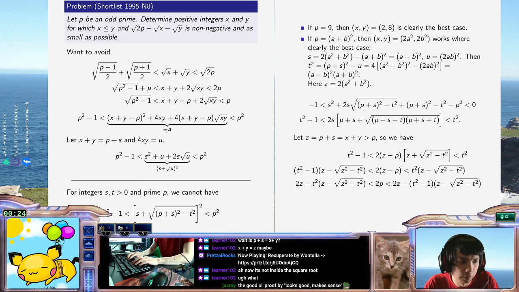This is a 4 in front of it. Those freaking 4s.